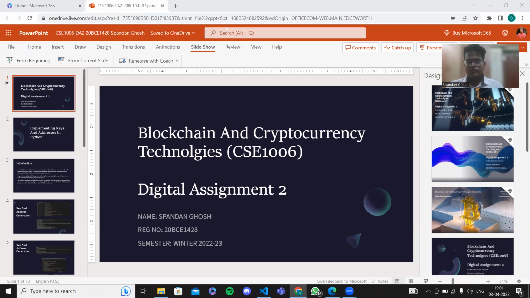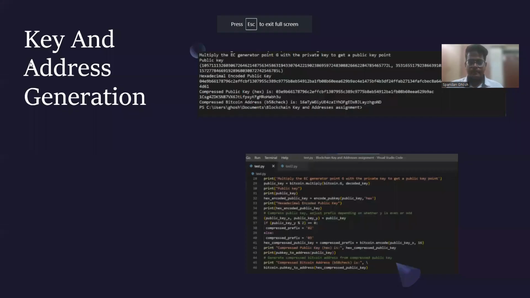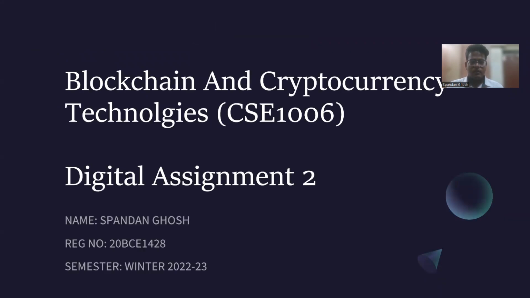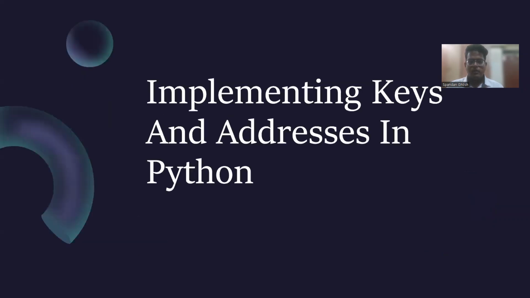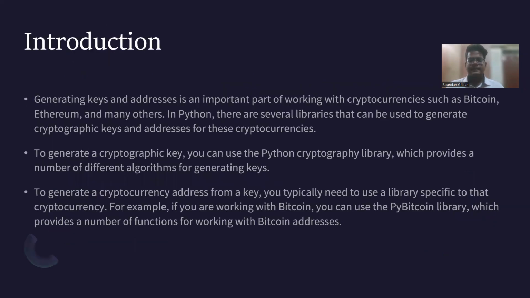I will quickly move to my presentation slides. Generating keys and addresses is an important part of working with cryptocurrencies such as Bitcoin or Ethereum, and Python enables us with many libraries.